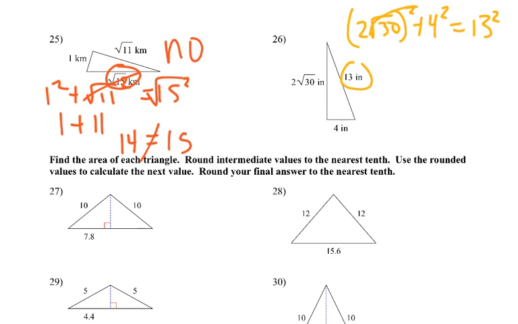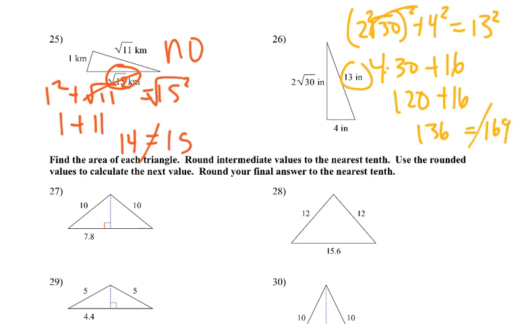So the square root cancels out, and we're left with 30. 2 squared is 4. 4 times 30 is 120. 4 squared is 16. Okay. So we get 136, which 13 squared is 169. So these are not a Pythagorean triple. They're not a right triangle as well.